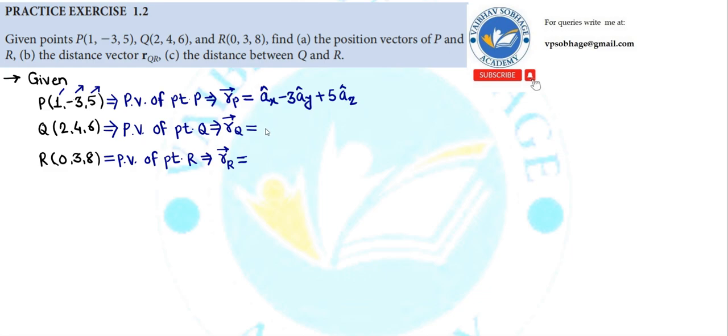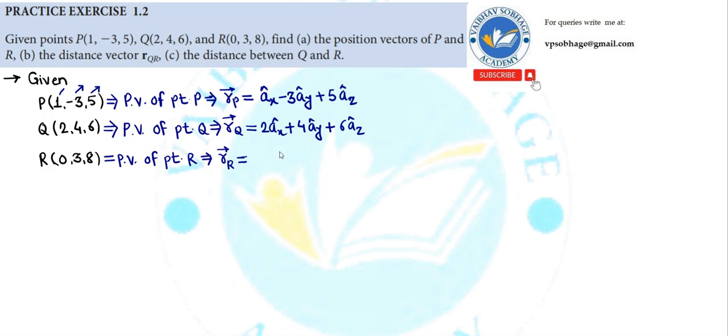The component along x direction is 2 ax, then the component along y direction is 4 ay, and the component along z direction is 6 az.